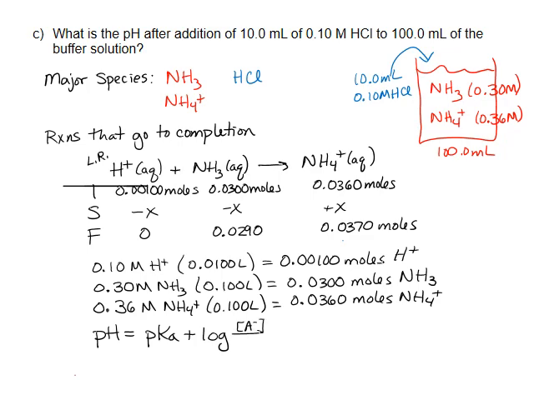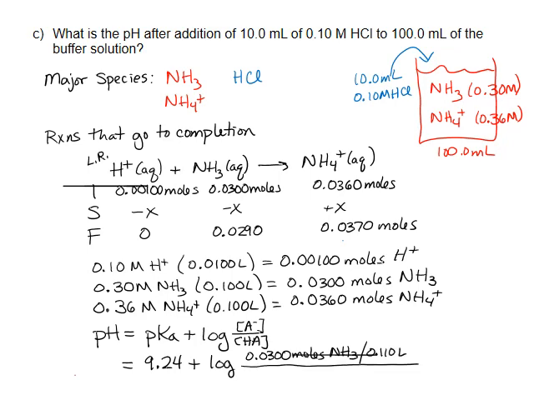The pKa value is 9.24. The concentration of A-, which is our NH3, is 0.03 moles of NH3 divided by the new volume, which is 0.11 liters. And our new concentration, whoops, apologize for that.